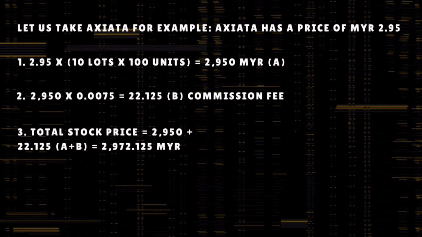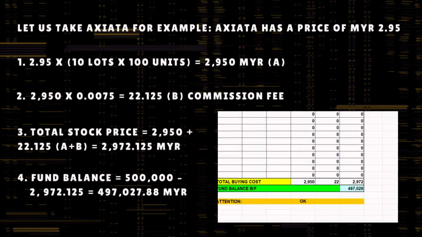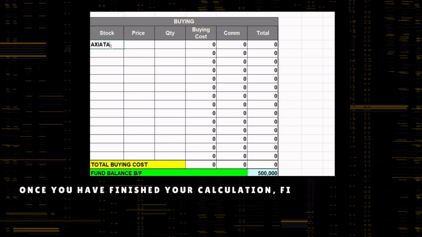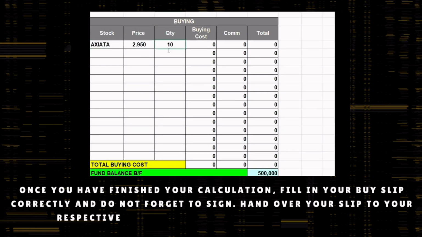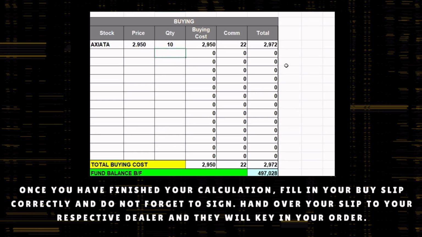Number 3, total stock price equals 2,950 plus 22.125, A plus B, equals 2,972.125 Malaysian ringgit. Number 4, fund balance equals 500,000 minus 2,972.125 equals 497,027.88 Malaysian ringgit. Once you have finished your calculation, fill in your buy slip correctly and do not forget to sign. Hand over your slip to your respective dealer, and they will key in your order.